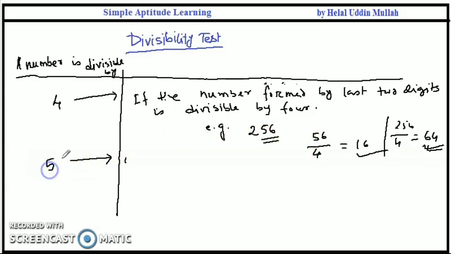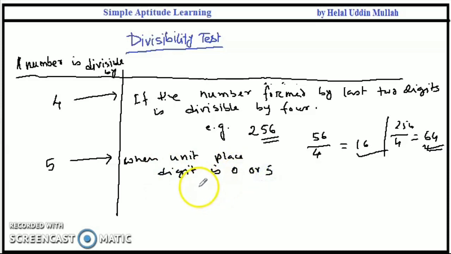For divisibility by 5, it is stated that when the unit place digit is 0 or 5, then the number will be divisible by 5.